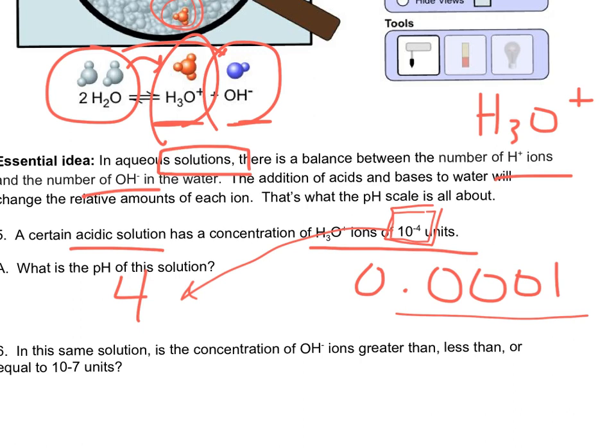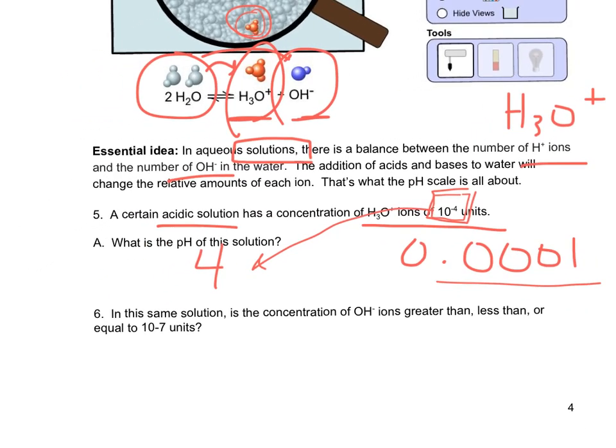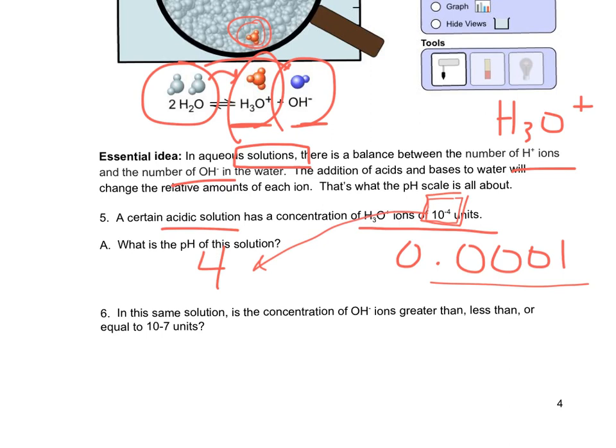Okay, so then I'd also like students to appreciate that it is a balance between hydronium ions and hydroxide ions. In neutral water, you have equal numbers, but there's a balance between them, and if you increase one, you decrease the other. So in this same solution, tell me about the hydroxide ion concentration.